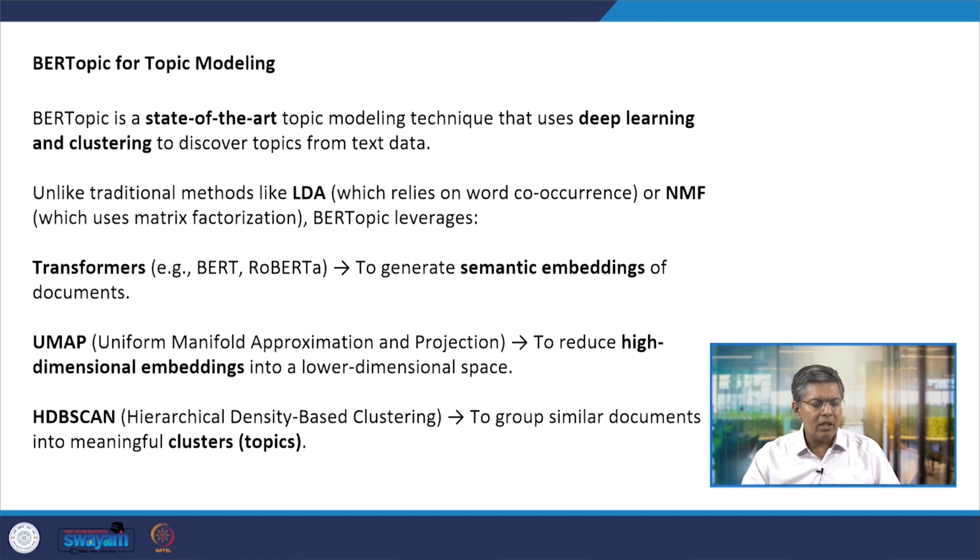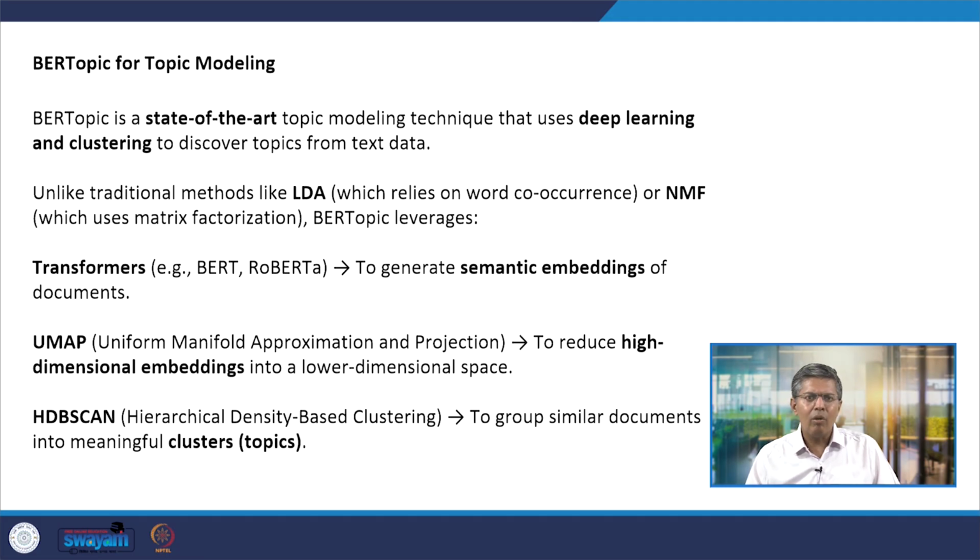Unlike models like LDA, which relied on word co-occurrence, or NMF, which uses matrix factorization, just now we talked, BERT leverages transformers, UMAP and hierarchical density based clustering. Now, what is that? Let us see. Transformers, for example BERT, RoBERTa, generate semantic embeddings of documents.